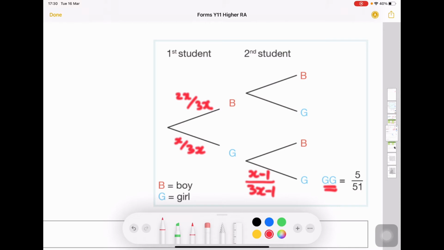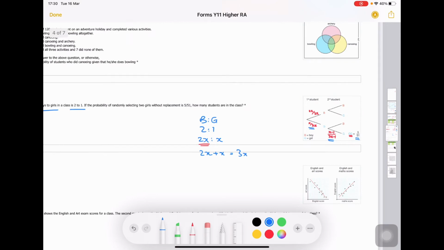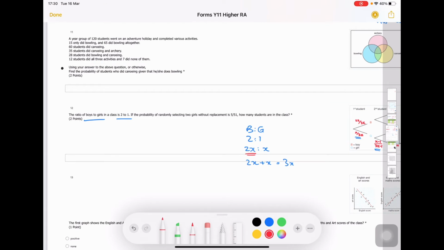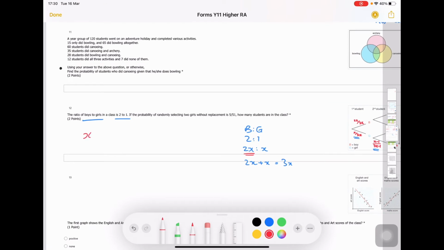So we know that this multiplied by this gives you 5/51. So let's solve for x now. Let's say here: x over 3x multiplied by (x take away 1 over 3x take away 1) equals 5/51.